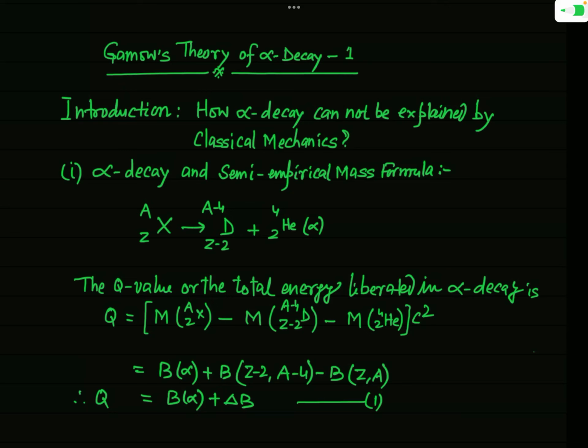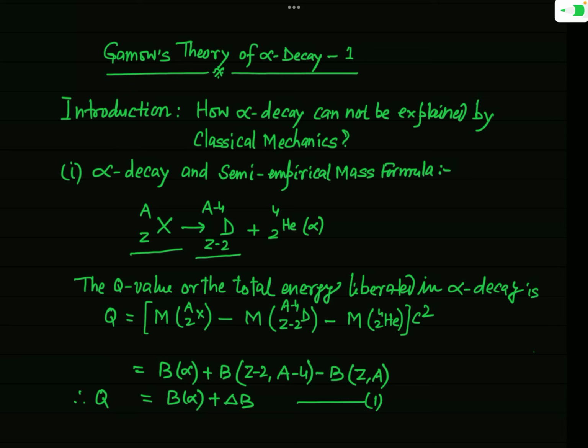So what I have told you, I am just going to explain it. You can see that the alpha decay process takes place like this. If you consider that there is a parent nucleus X having charge number or proton number Z and mass number A, if it suffers alpha decay, then we get a daughter nucleus whose atomic number is Z-2 and mass number is A-4.